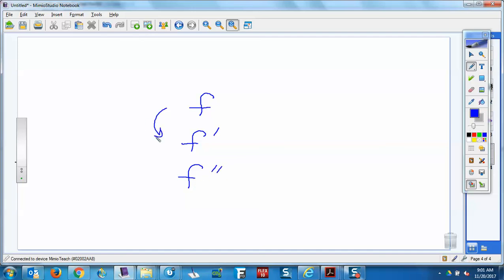So going this way, I'm doing the derivative, correct? So f double prime is the derivative of f prime, and f prime is the derivative of f.